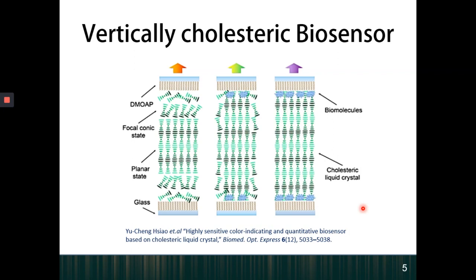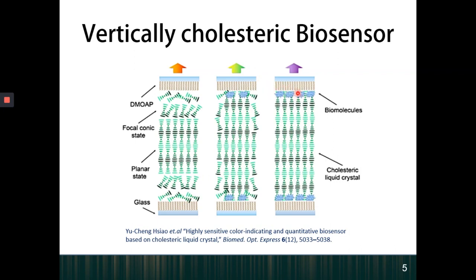Okay, so this is our new work. We're using three major materials. One of them is the crystalline liquid crystal, and we make vertically aligned crystalline liquid crystal biosensor devices. You can see this is the structure.